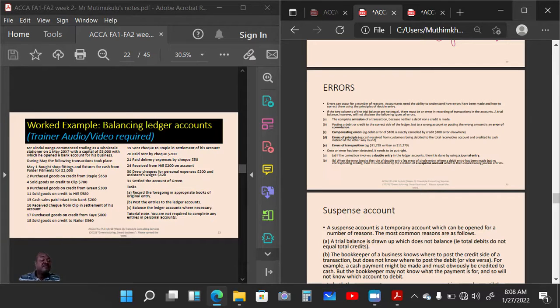And if it doesn't balance, then there was an error somewhere. We recorded an error, or there was fraud. Okay? But sometimes again, the trial balance balances when there are errors.